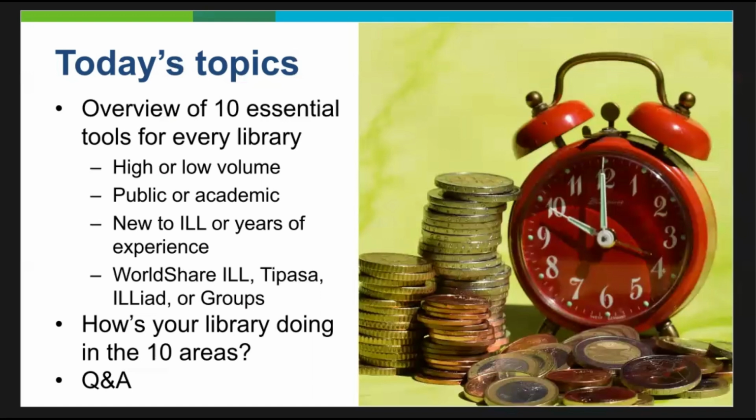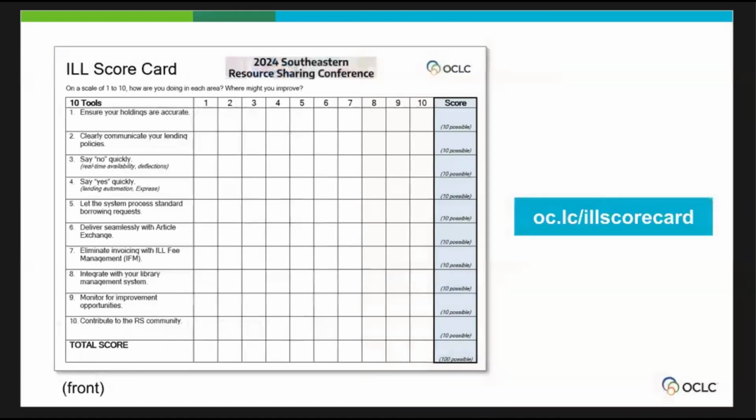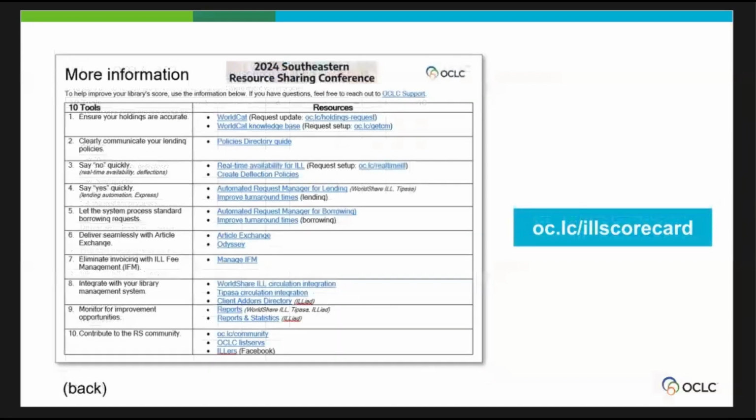Okay, so I'm probably going to fly through some of this, so stop me if I go too fast or if you want to ask a question about anything in particular. On the back side, everything that's underlined is hyperlinked. If you go to the electronic version at oc.lc/ILO scorecard, that's where you can get more information about how to move yourself on the continuum for a particular place.